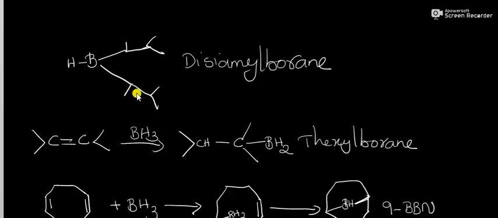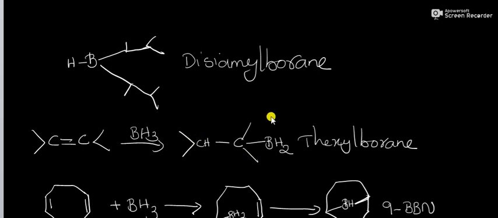This is the structure of disiamylborane, BH with two CH(CH3)CH(CH3)2 groups. That is the structure of disiamylborane. Then if you add BH3 to a completely substituted olefin, we get a borane, that is (CH3)2CH-C(CH3)2-BH2.